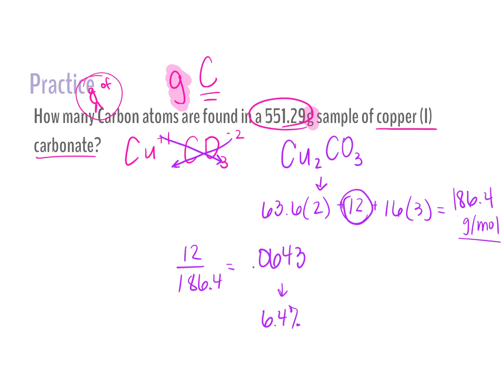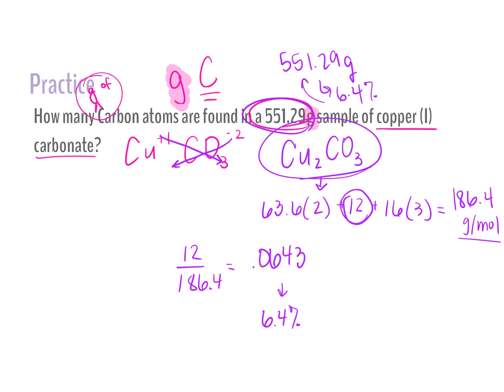If I know that my compound is 6% carbon, 6.4% carbon, and I have a sample that is 551.29 grams, don't I automatically know then 6.4% of this sample would be carbon? Agreed? So I just need to find out, well, what's 6.4% of 551.29? And so how do I do that?